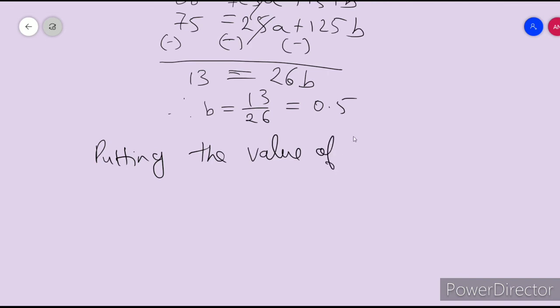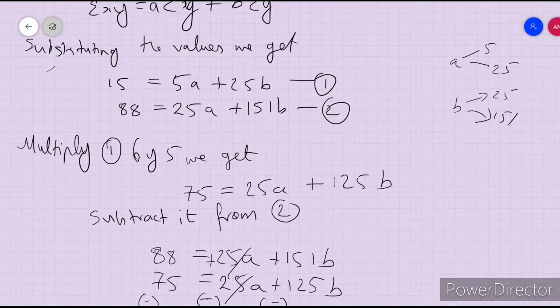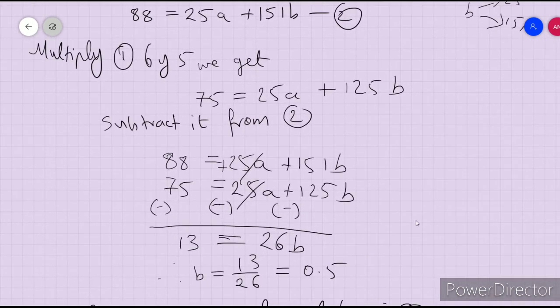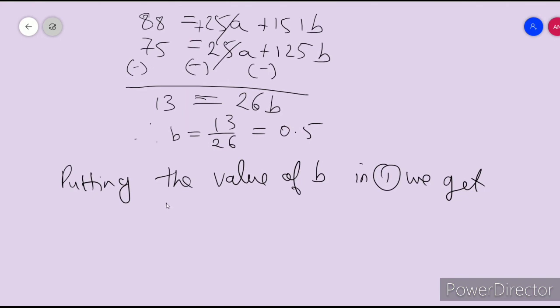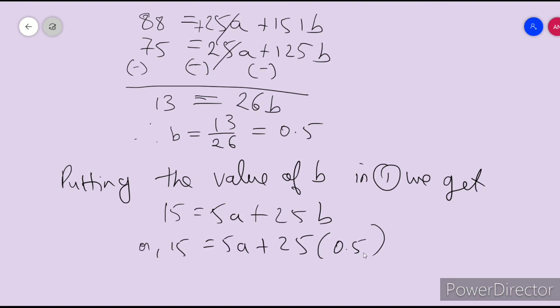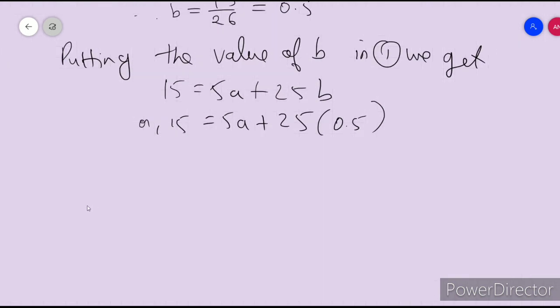So you put the value of b in equation 1. Equation 1 was 15 equal to 5a plus 25b. You know the value of b, so you can simply substitute 0.5, and what we get is 5a plus 12.5.